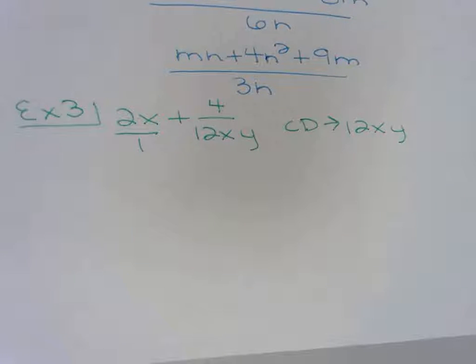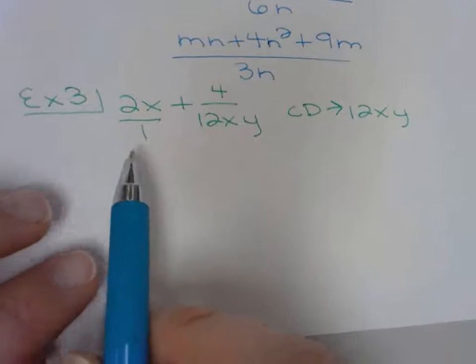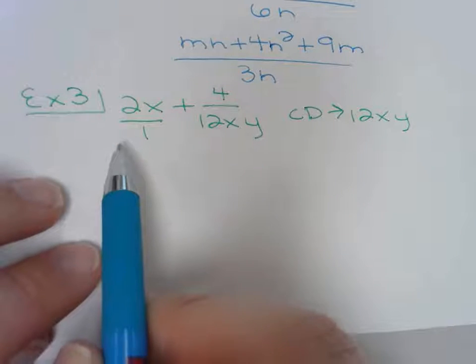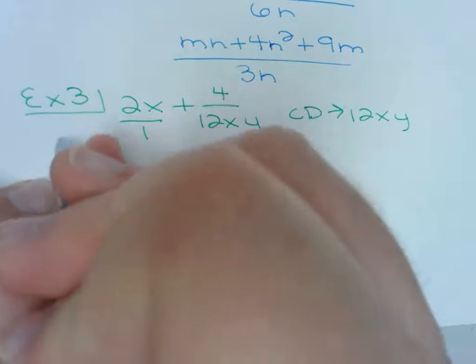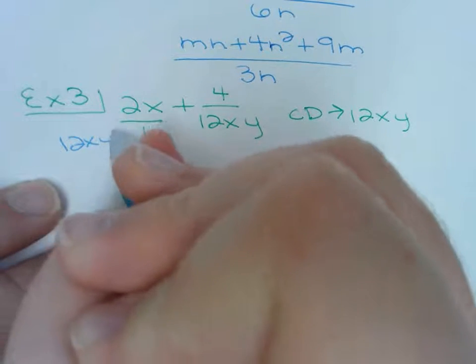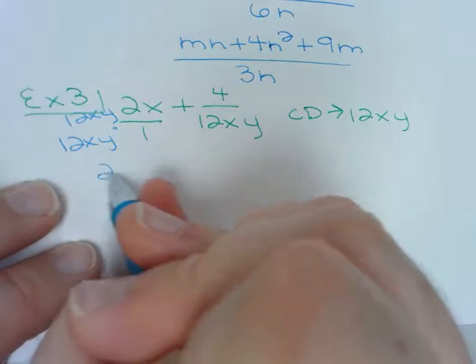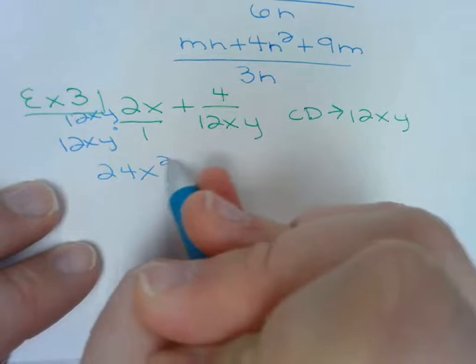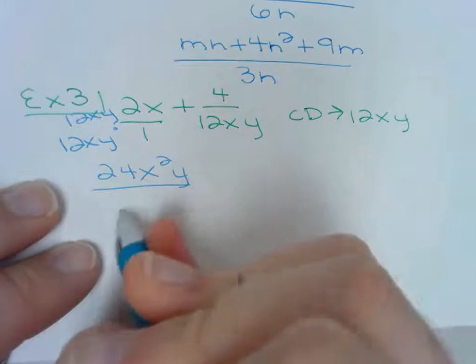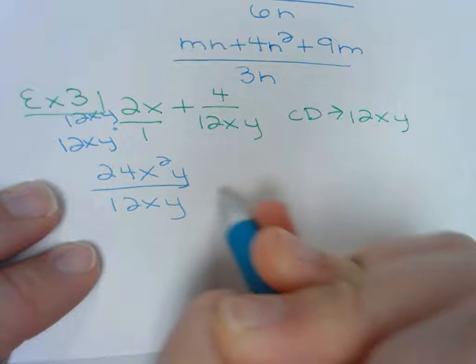So my first fraction, I have a 1. What do I need to multiply top and bottom by to get a 12xy? 12xy. So the bottom times 12xy, the top times 12xy. So you get 24x squared y over 12xy.